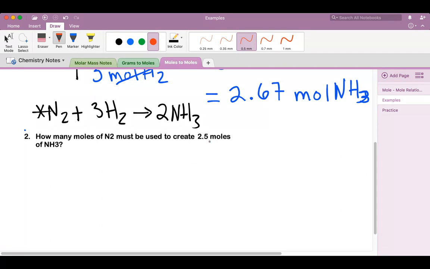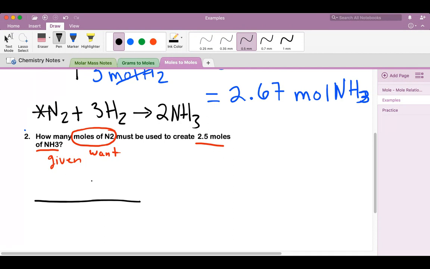So from here, my given 2.5 moles of NH3. What I want, moles of N2. So I can go ahead and set it up. My givens will be the coefficients. So from this one, I'm given 2.5 moles of NH3.